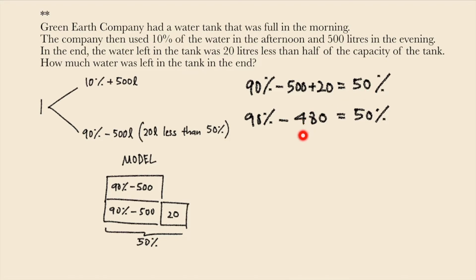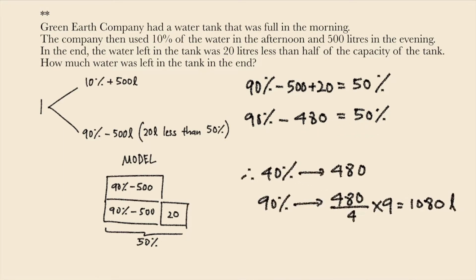Now what can we conclude from this? 90% of the tank minus 480 actual liters will get us 50% of the tank. Does it not tell you that this is 40%? Sorry, yeah, 40%. Because 90% minus 40% will give us 50%. We can conclude, therefore, that 40% is 480 actual liters, which is our equation.